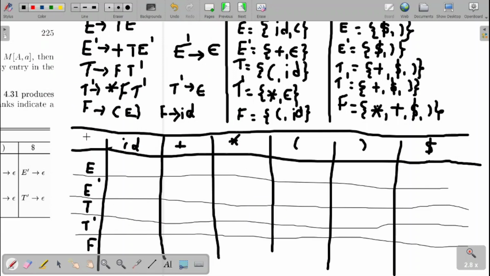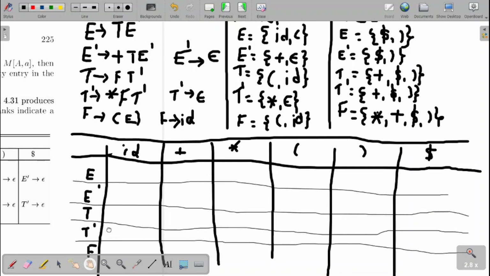First, take the first of the E. What is the first of the E? First of the E is ID and the open parenthesis, which is from the production yielding that. So for the E, I have only one production. What is that one? E derives T E dash. So for the ID and the open parenthesis, you put that production: E derives T E dash.